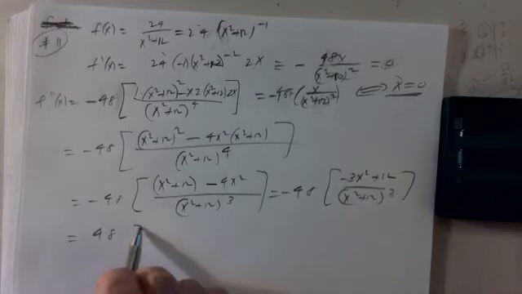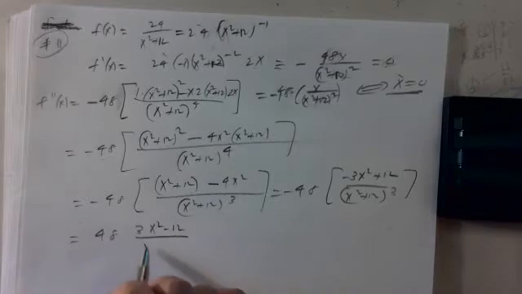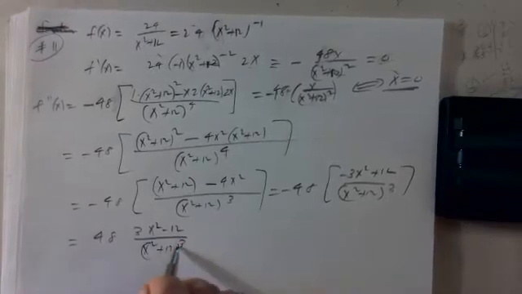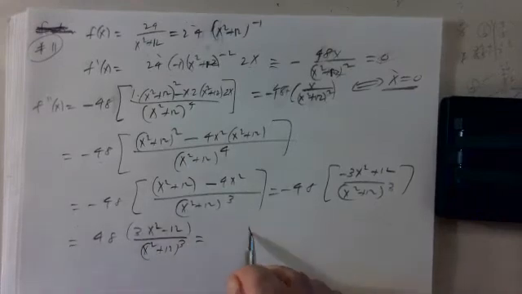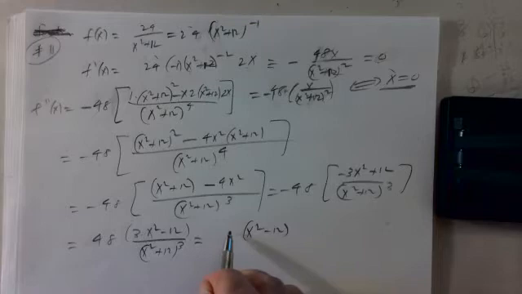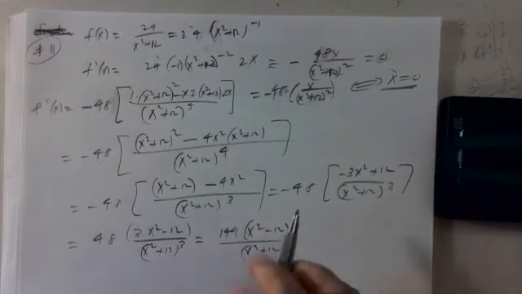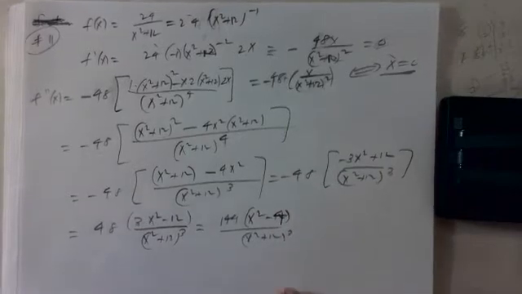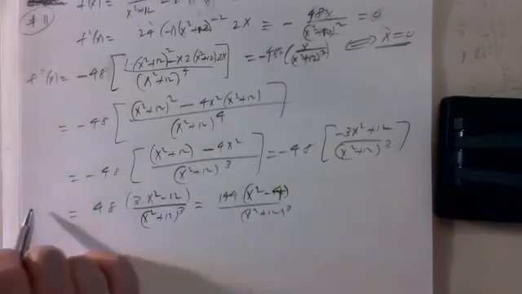This is 48 times 3x squared minus 12 over x squared plus 12 cubed. Or if I factor a 3 out of this, I get x squared minus 4 times 3 times 48. What's 3 times 48? 3 8s are 24, 144, over x squared plus 12 cubed. So if I did the calculus correctly, you need to check, this is the second derivative.